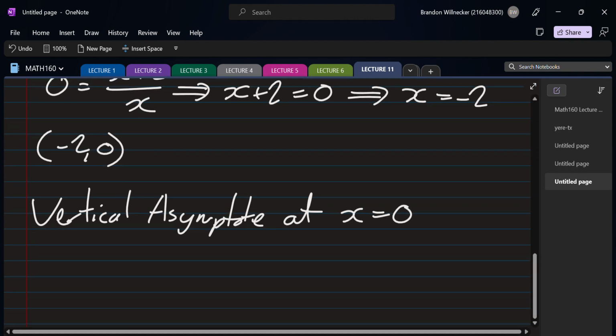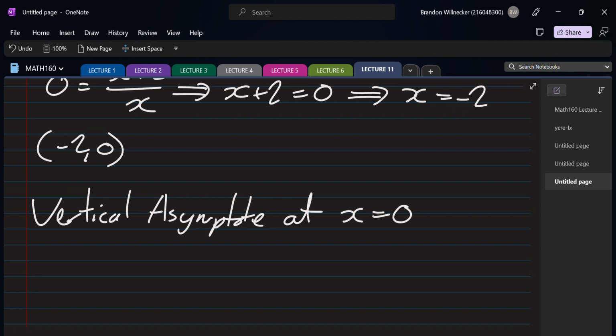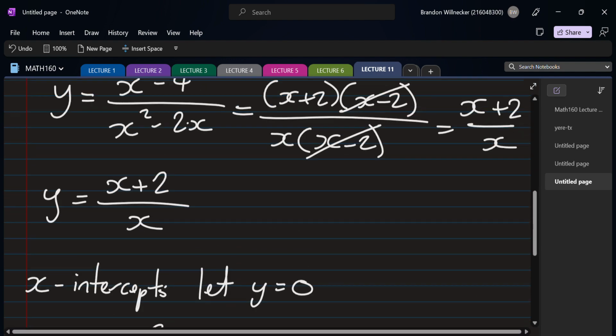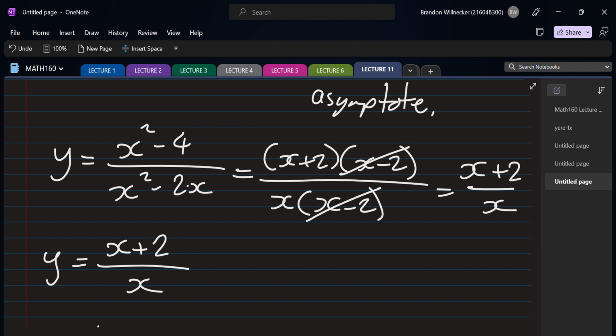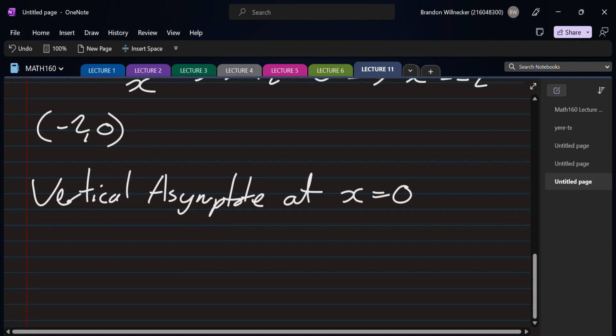Okay, what about a horizontal asymptote? Now, to find the horizontal asymptote, you can do it 2 ways. You can do it by inspection. So if you've done enough homework problems, you could probably just see what it should be, or you can do the calculation and work it out.